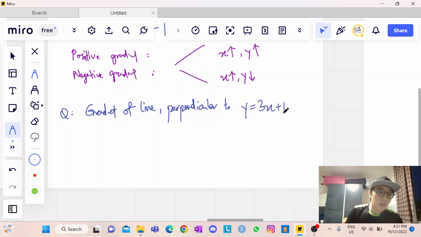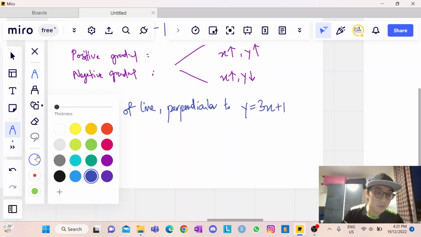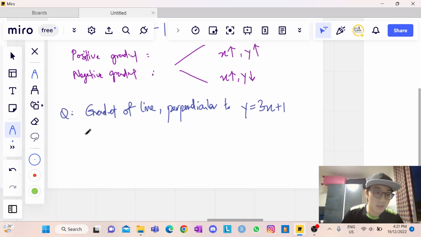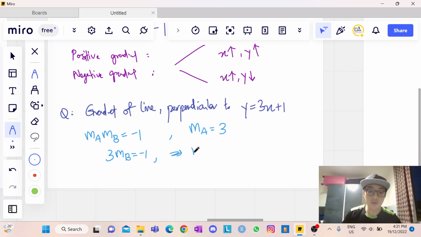Every time you see the word perpendicular, the first formula that comes up to your mind is MA MB equals to -1. So in this case, the gradient of A, by interpreting the straight line formula, is 3. Therefore, 3 multiplied with MB is equals to -1. That gives you MB is equals to -1/3. So the gradient of the new line, which is perpendicular to y equals to 3x plus 1, is -1/3. It's just that easy.